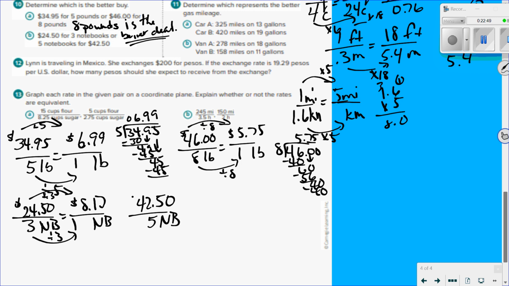This is one of those cases where I would reverse, even though it said 5 to 42. Keep my proportions the same. I would go ahead and reverse that, and that's okay. So I'm going from 5 down to 1, meaning I'm dividing by 5. That's going to go 8.25, 8.50. Which is better, 8.17 or 8.50? 8.17 is a better deal, so 3 notebooks is the better deal.